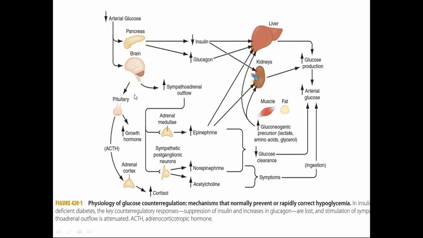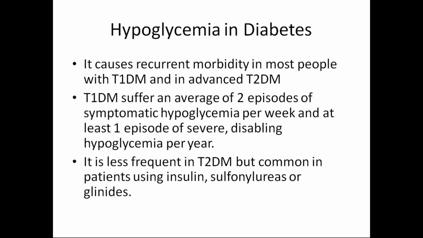In the brain there is also stimulation of the pituitary, which causes increased growth hormone, and ACTH is secreted, which stimulates the adrenal cortex. So in the adrenal medulla we have increased epinephrine, whereas in the cortex we have increased cortisol. These also act in the prevention of hypoglycemia. So this is the flow chart for all the mechanisms in glucose production.